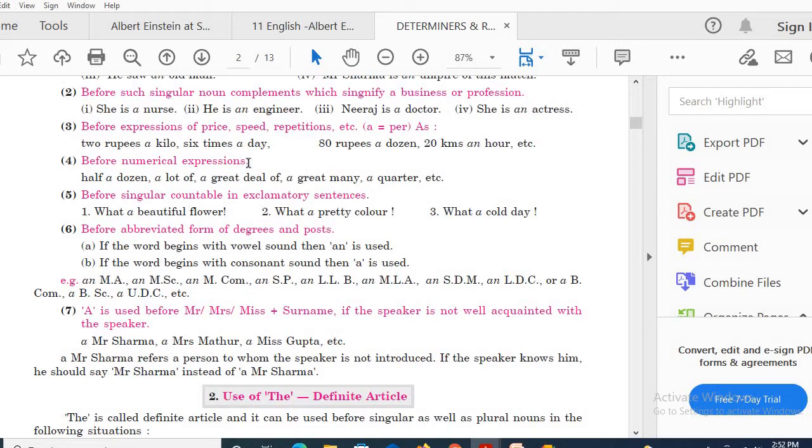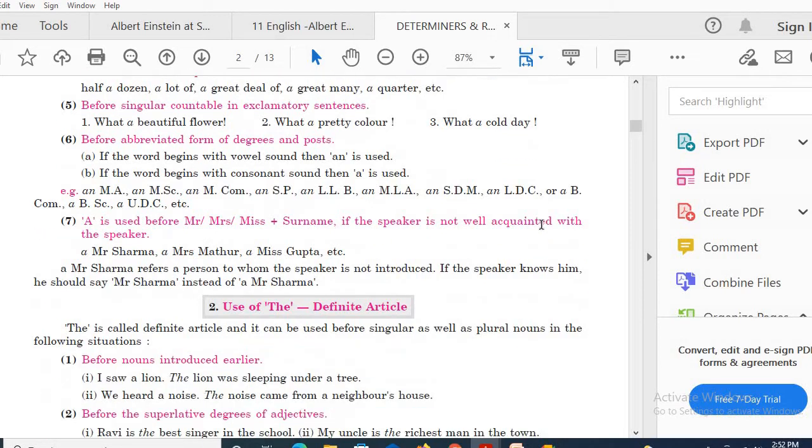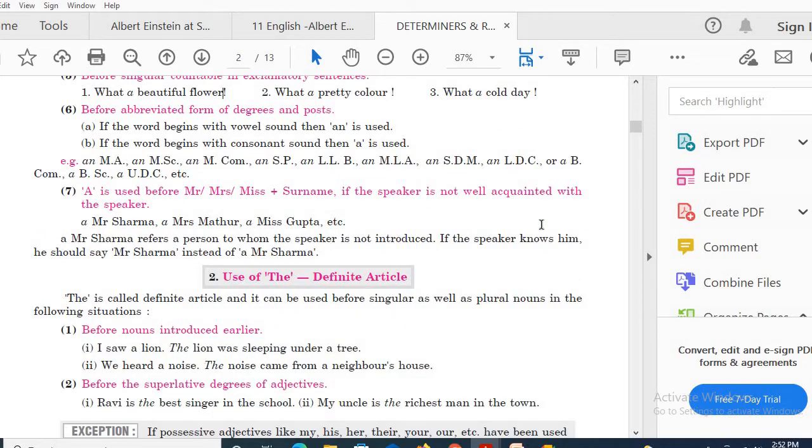Next, before singular countable nouns in exclamatory sentences, we also use the indefinite article. Just like, if I say what a beautiful flower, what a pretty flower, what a cold day. Suppose it is related to degrees or posts, in that case also we use the indefinite article.